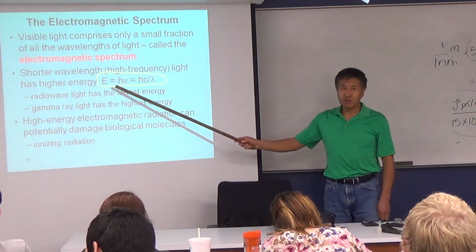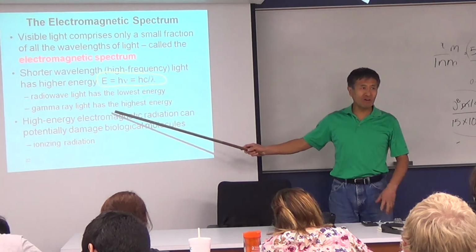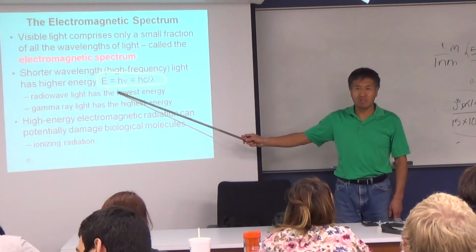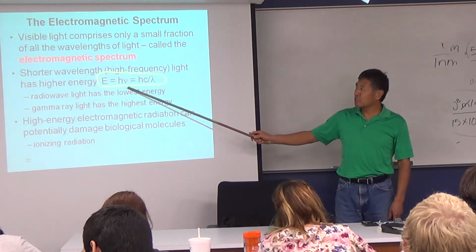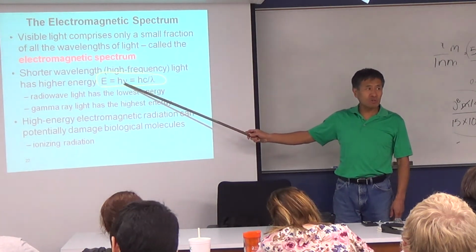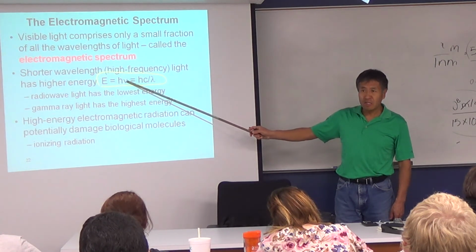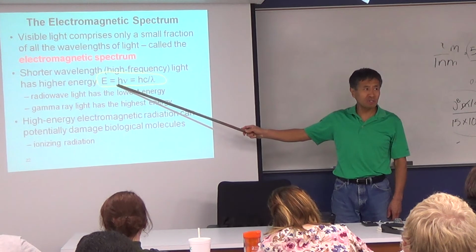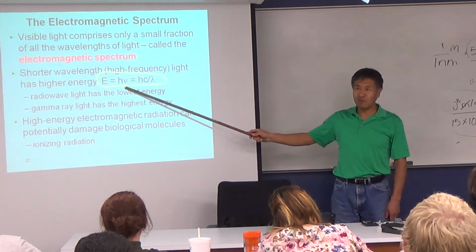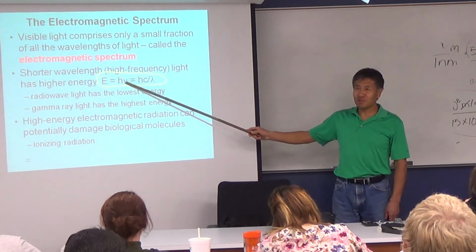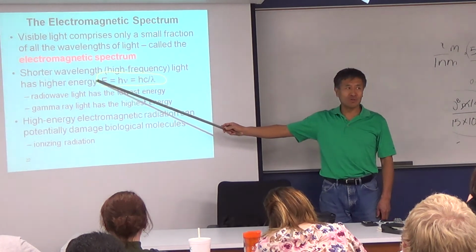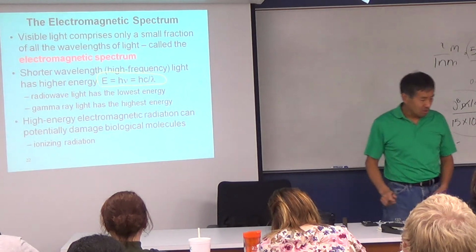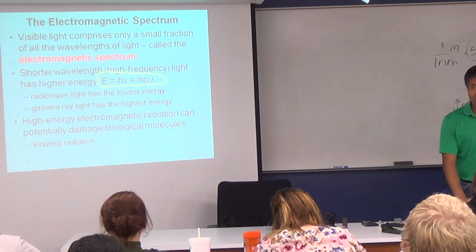Conservatively, from this equation, it's very easy to identify: h is a constant, a positive constant. Therefore, as the frequency, this nu here, increases, you will get more energy. So the higher the frequency, the higher the energy for one photon.